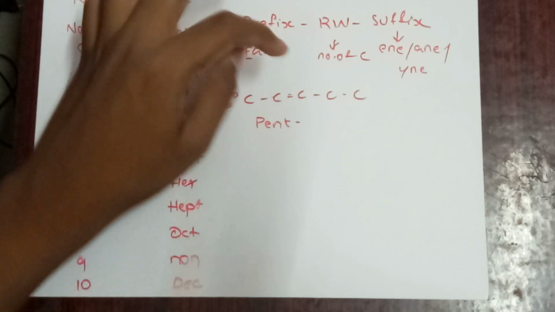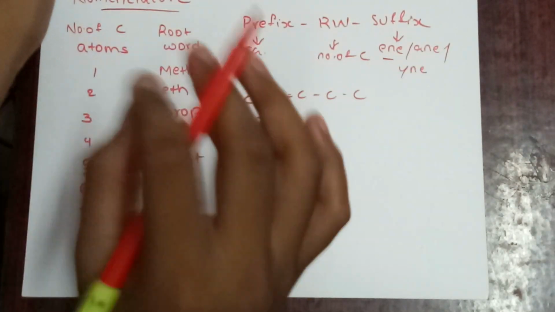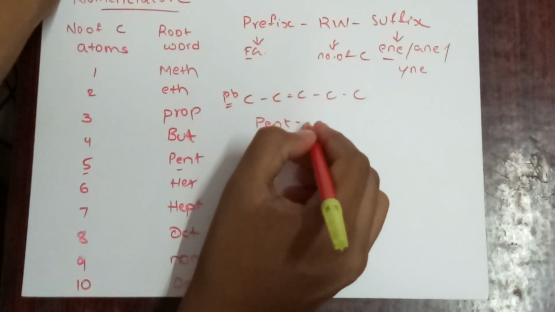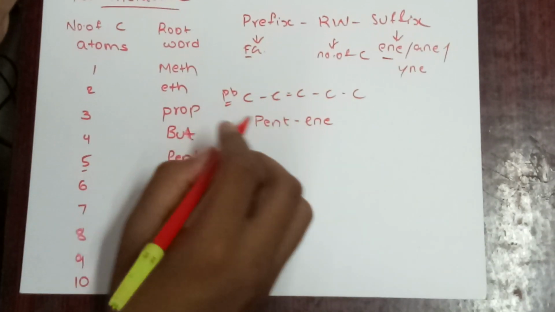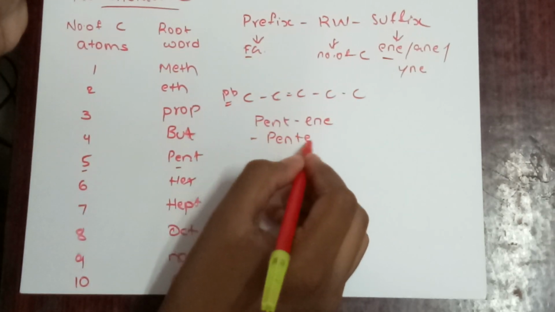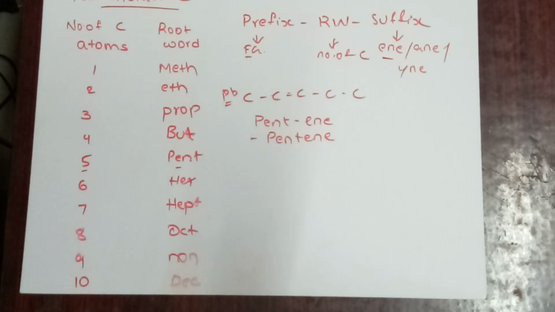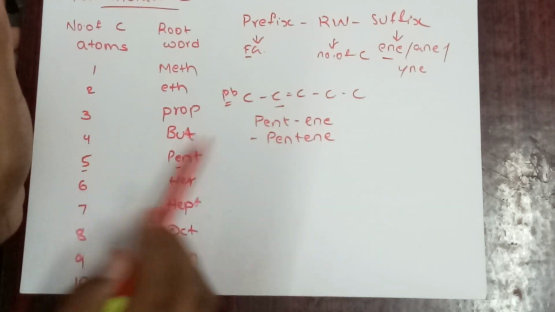Yes, we can find a double bond. Double bond means ene. Alkenes have a double bond, so E-N-E. Now you remove the dash and write pentene. So the name of this carbon compound is pentene.